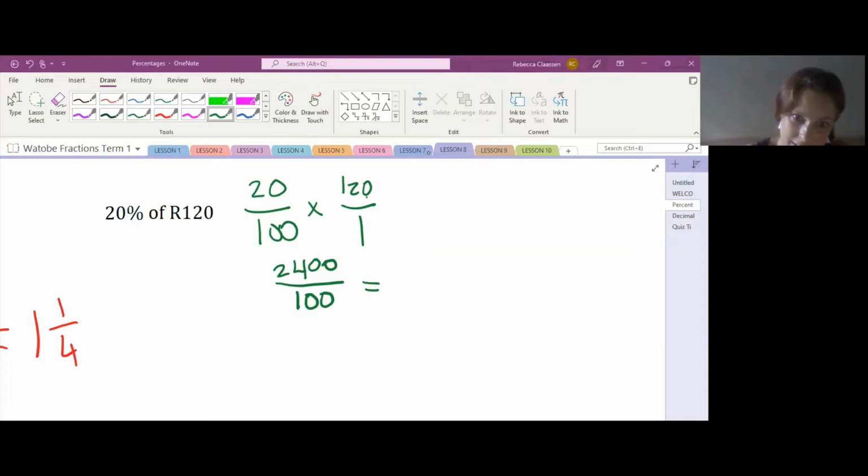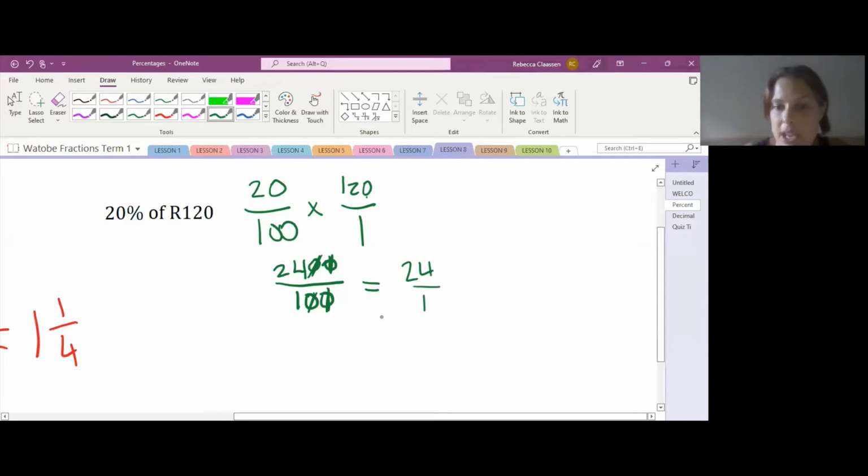I think it's the 200 400 that side. Okay, so if you're dividing it by 100, you can cross off that 0 because they match. And you can also cross off that 0 because they match. And you get left with 24 over 1, okay?